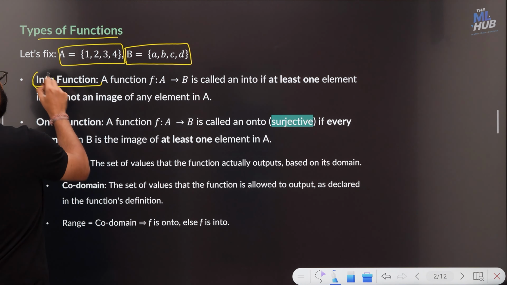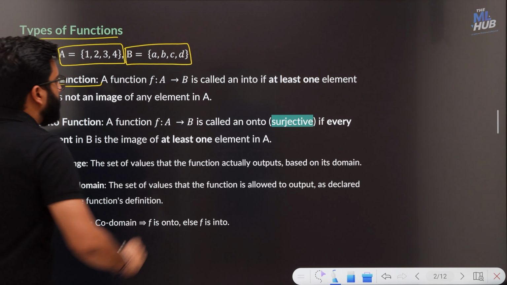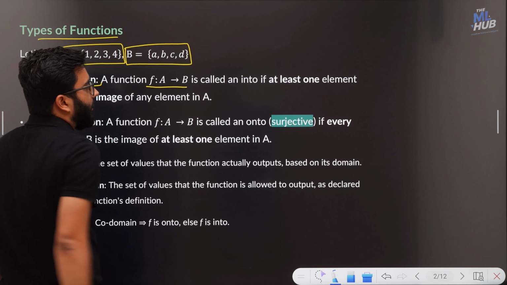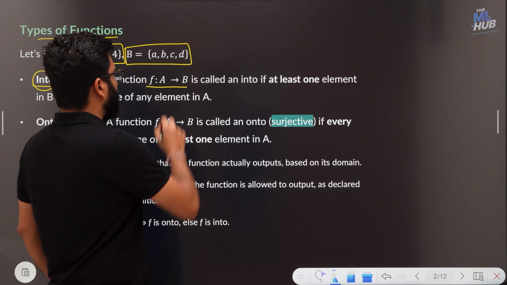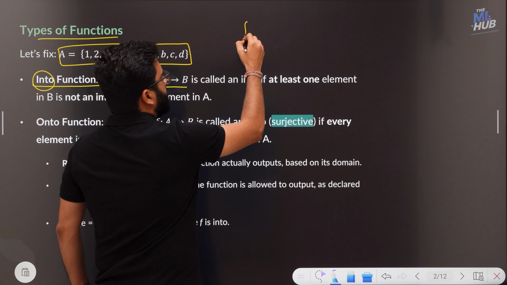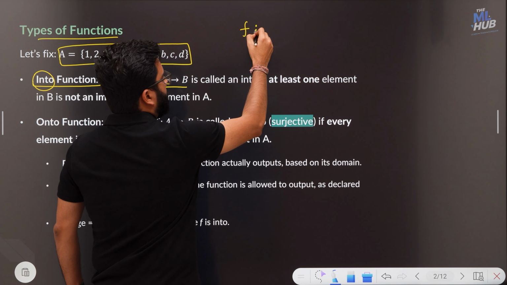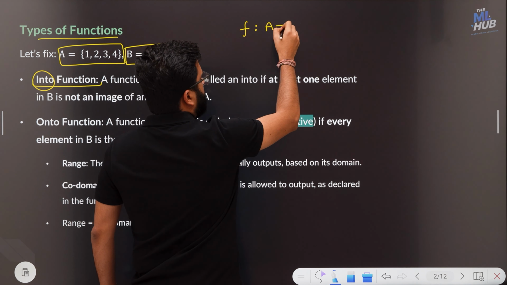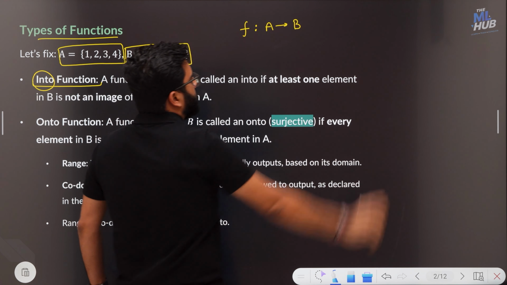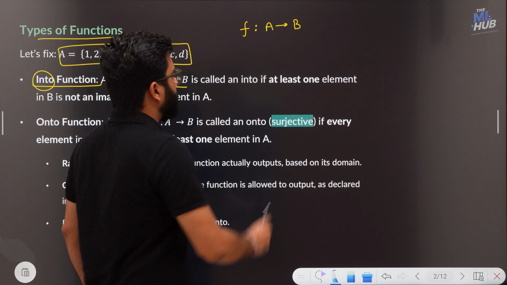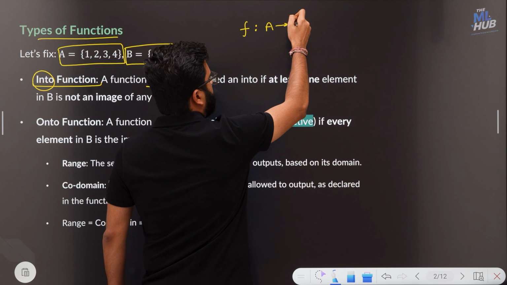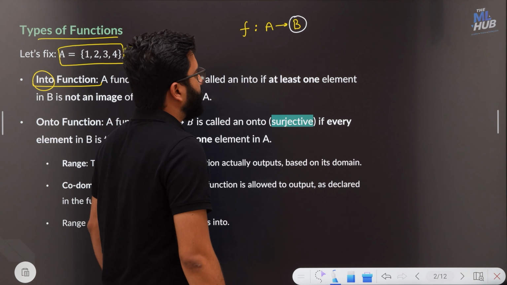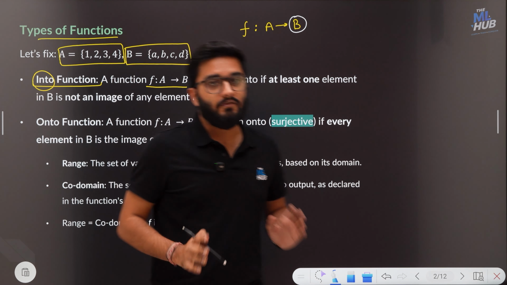Starting with what exactly is an into function. Let us assume a function is defined from A to B. Before jumping into the function, a common misconception is that whenever you see this sort of relationship, a function from A to B, you straight away mark B as the range of the function, which is incorrect.